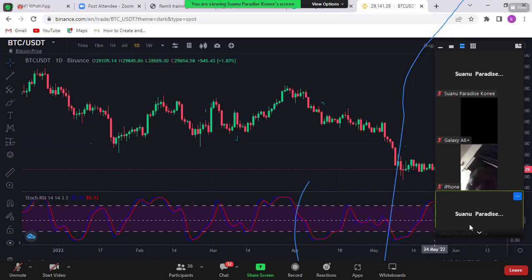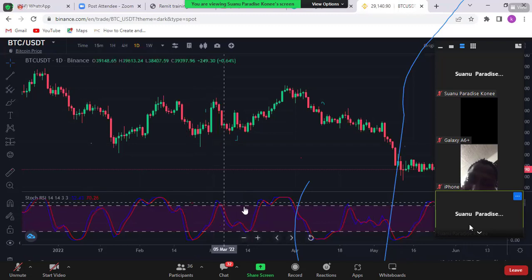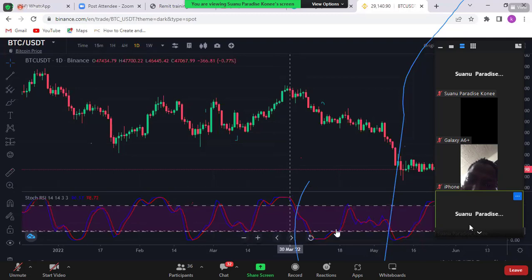Now, on the stochastic, can you see this line right here? This line and above is known as the 80% line, and it is known as the overbought region. Below here is known as the oversold region.